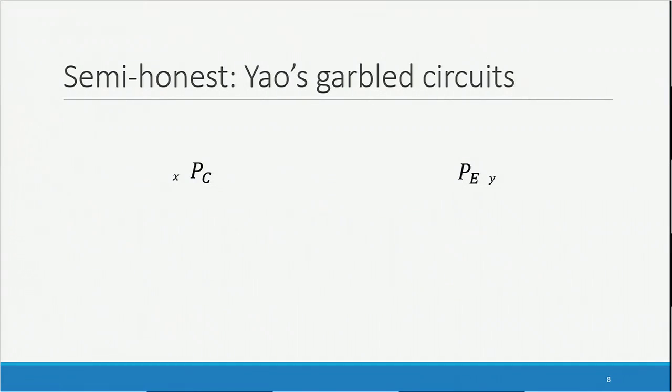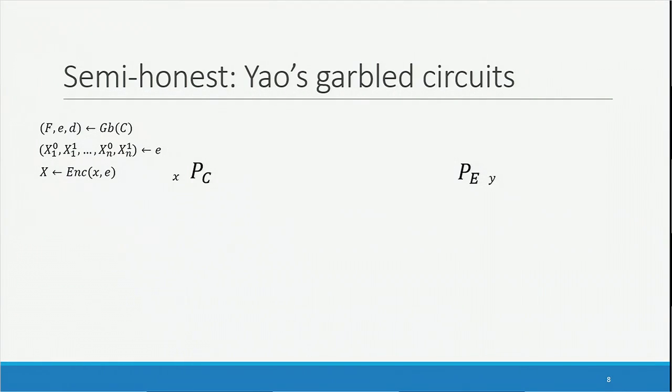So how do you then do 2PC based on garbled circuits? Well, now I just renamed the parties to a constructor, PC, and an evaluator, PE, and now they have their private inputs X and Y. The constructor will now initially garble the circuit, and then I here sort of assume that you can encode your input bitwise.